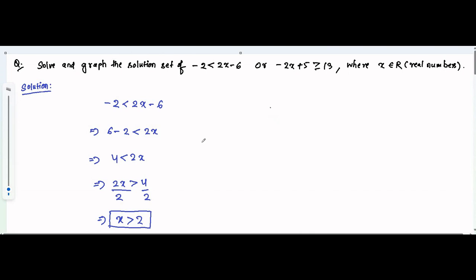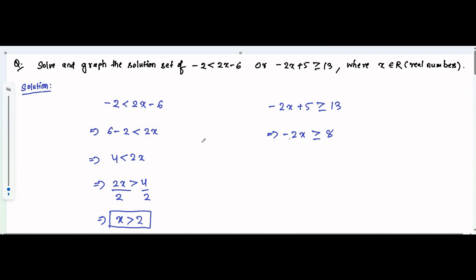Then we have minus 2x plus 5 is greater than or equal to 13. Here we take this 5 to the RHS, and it becomes minus. That implies minus 2x is greater than or equal to 13 minus 5, that is equal to 8.